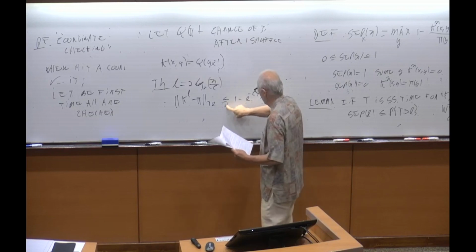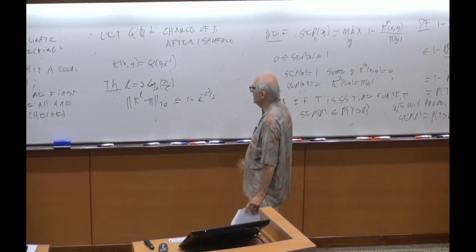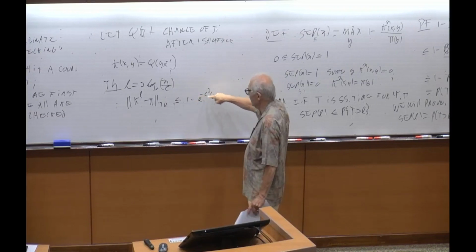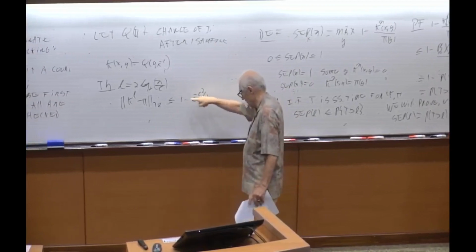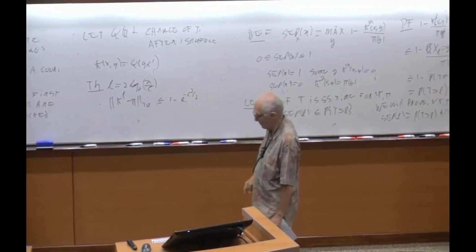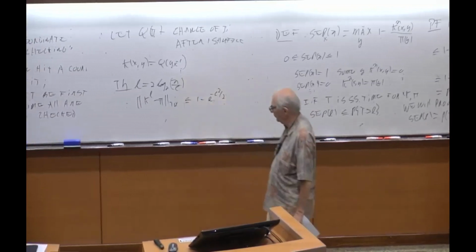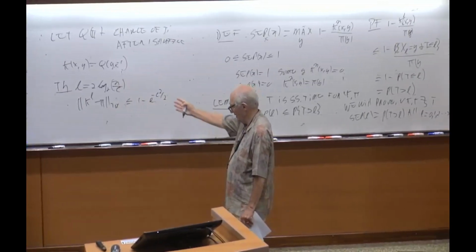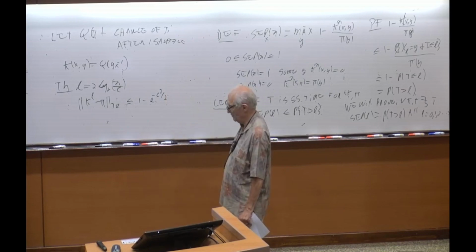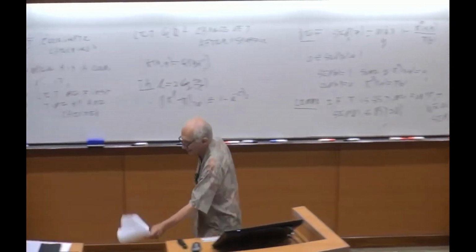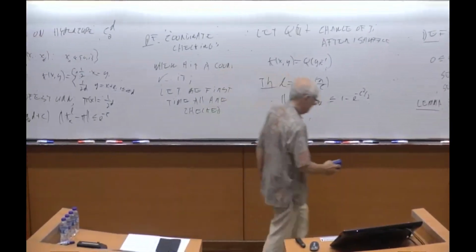Sorry if that's hard to parse. But if c is small, this is close to 0, and that's close to 1, and the difference is close to 0. So if you shuffle a little bit more than 2 log to the base 2 of n times, actually the separation is small.